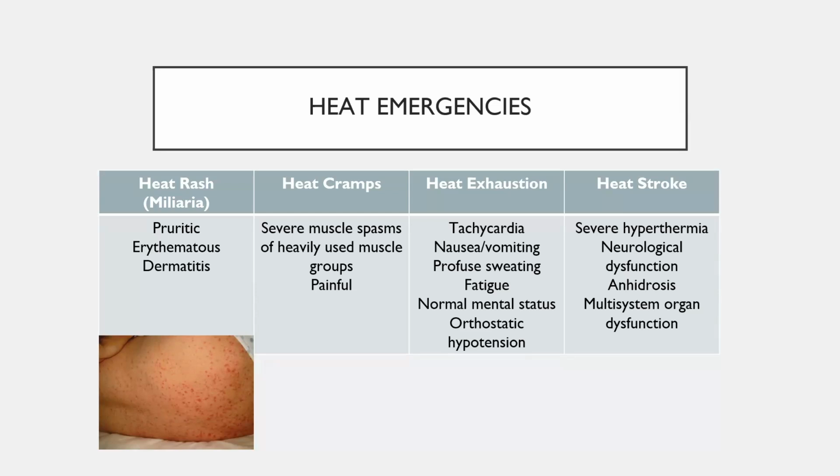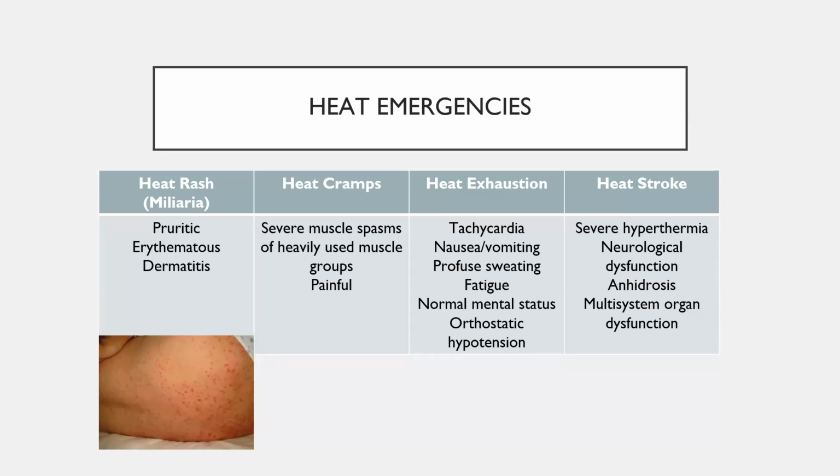Specifically, heat stroke, if it's not treated in a timely manner, has 100% mortality. But if you treat it really quickly, it can go down to as low as 30%. Some symptoms of heat exhaustion are tachycardia, they may be vomiting, diffuse sweating, maybe a little hypotensive.